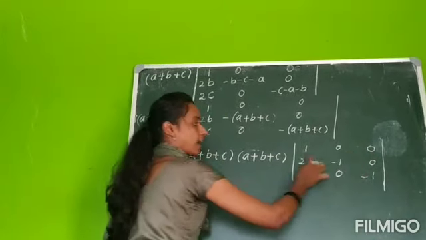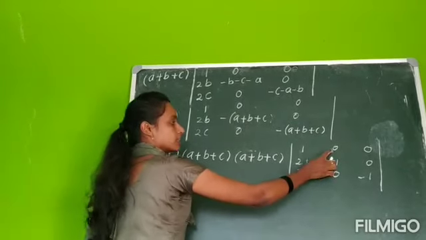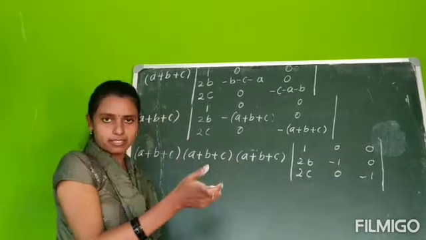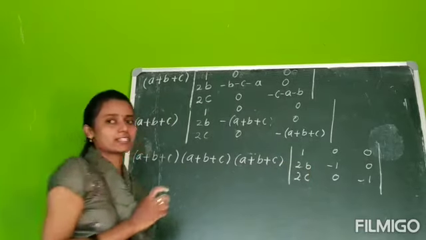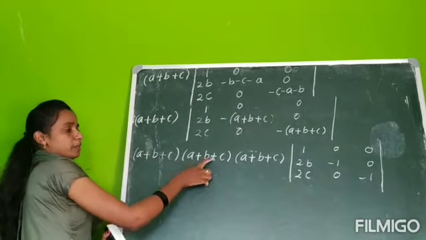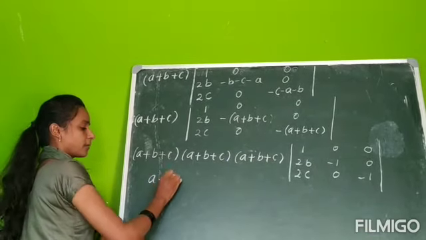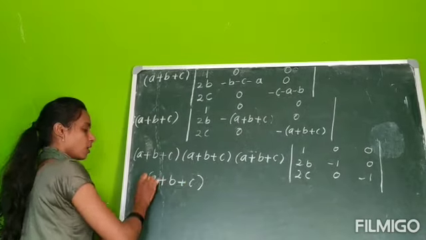Now I'll just expand. I'll expand the R1. 1, 0, 0 is there. That means the second and third term will be 0. You need to write only the first term, which is A plus B plus C into A plus B plus C into A plus B plus C, nothing but A plus B plus C whole cube.